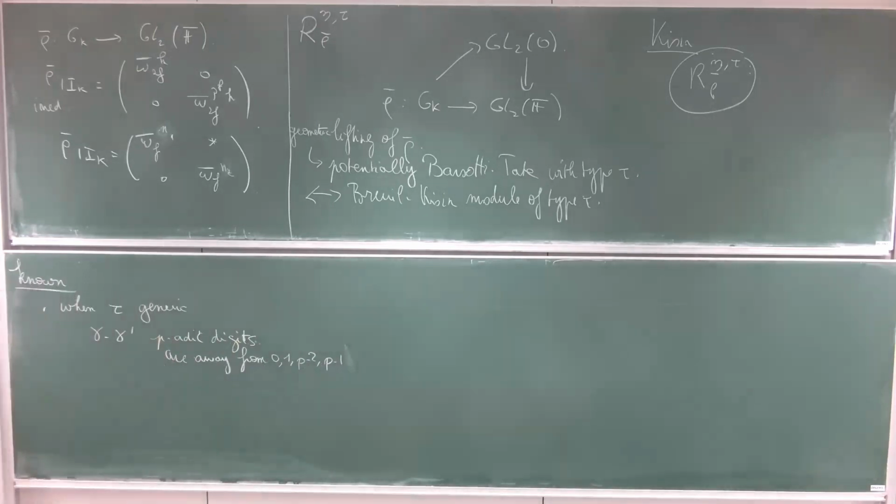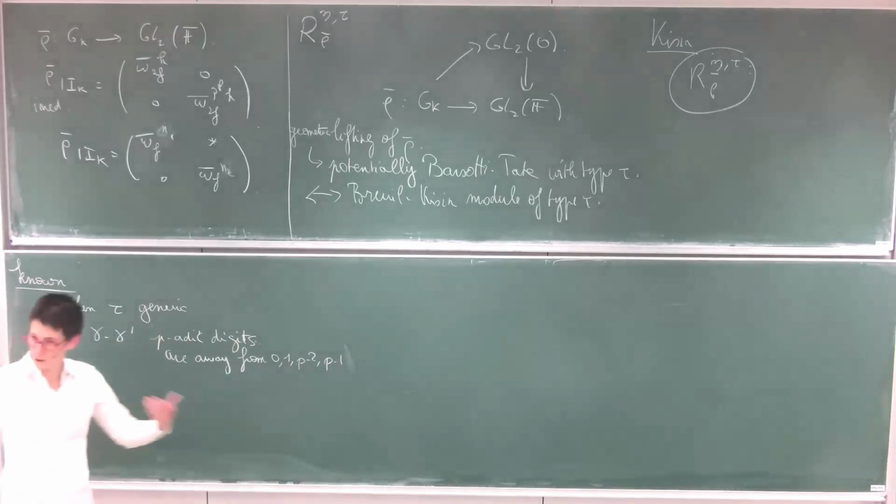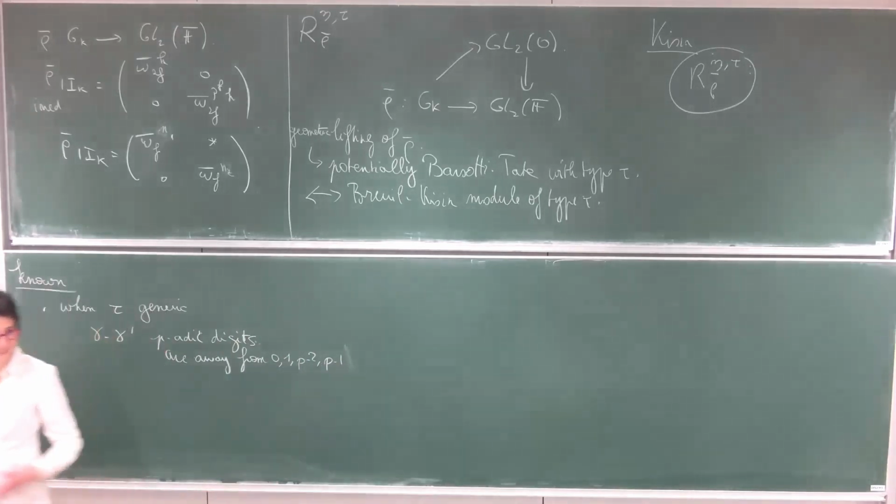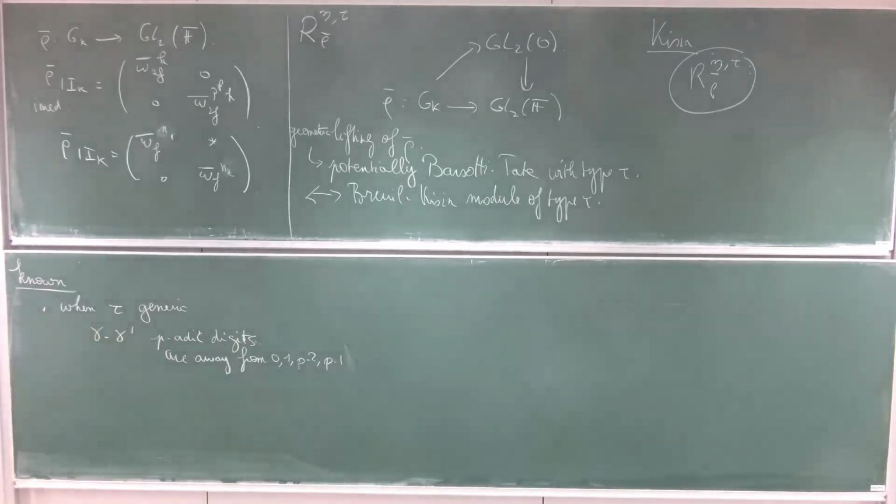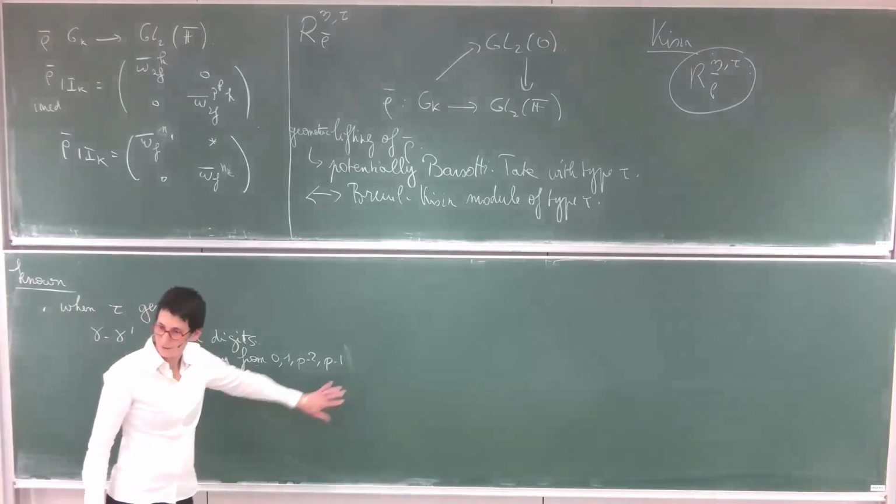And why is it so difficult? Because you know that after 0, you have p minus 1. But that's what we like in the p-adic theory. That's why these cases are so difficult.